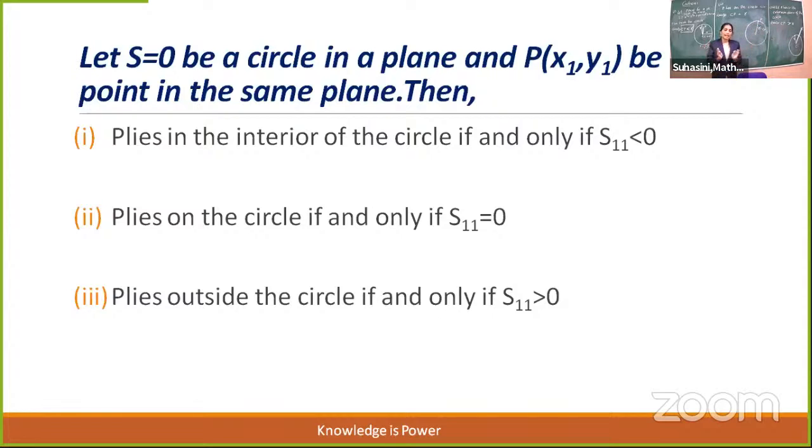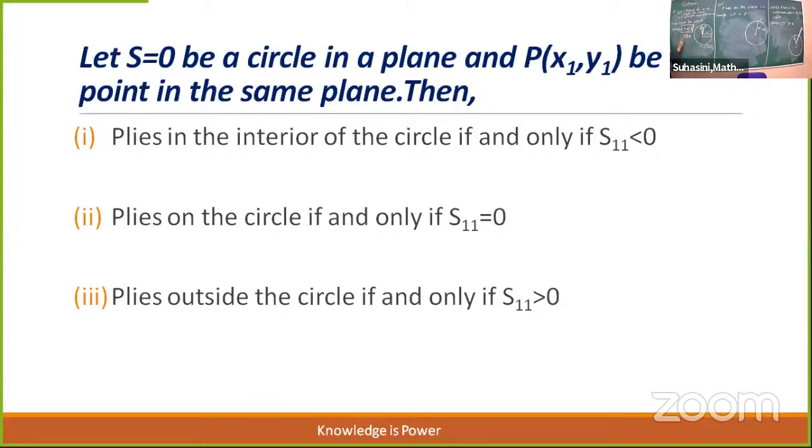In all these three cases, we are talking about the distance between the center of the circle and the chosen point P(x, y). Since the distance formula is the root of (x2 minus x1) whole squared plus (y2 minus y1) whole squared, in order to avoid that root, I will square on both sides.